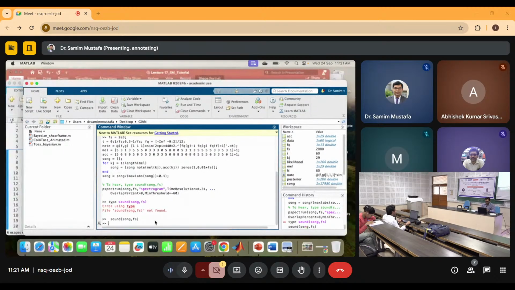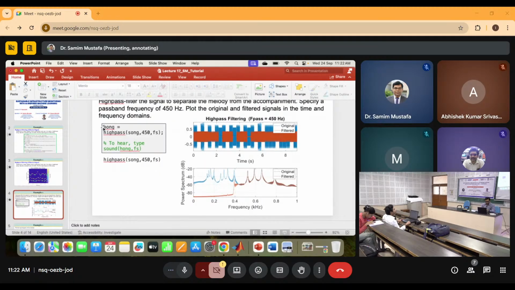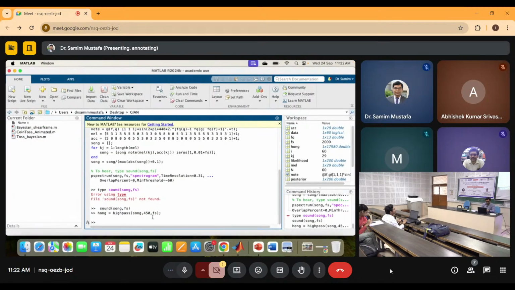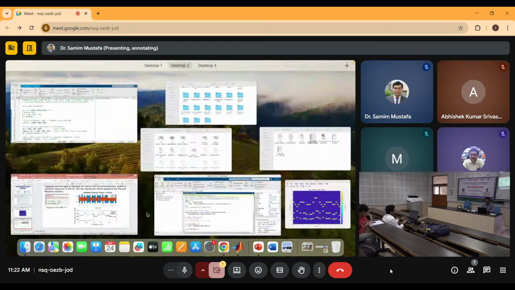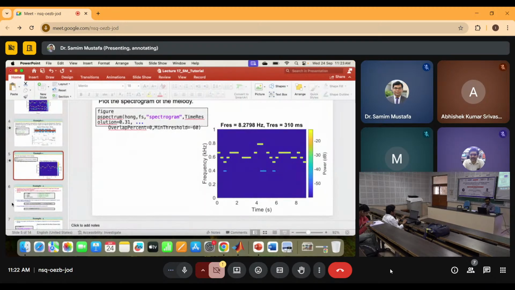Now you apply the filtering. Then again, so you can do this later. Let's go to the next problem.